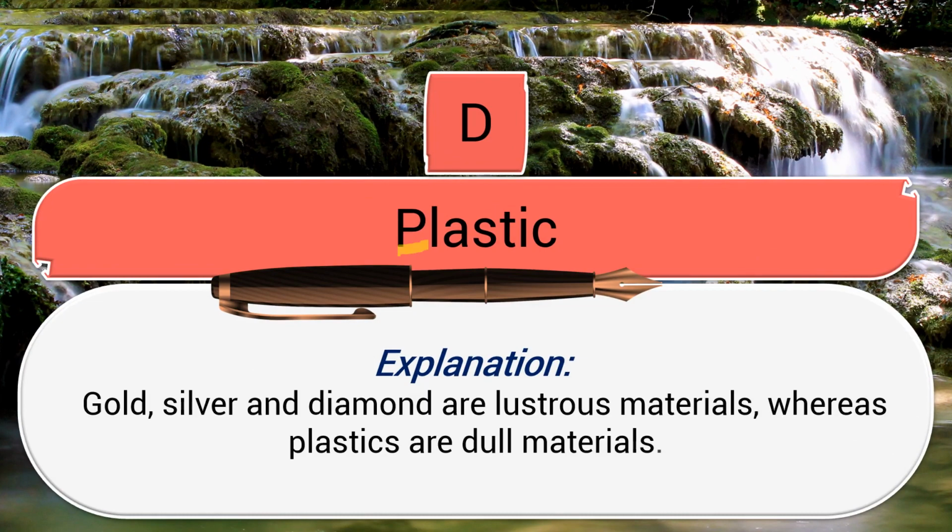The odd man out is plastic. Gold, silver, and diamonds are lustrous materials, whereas plastic is a dull material.